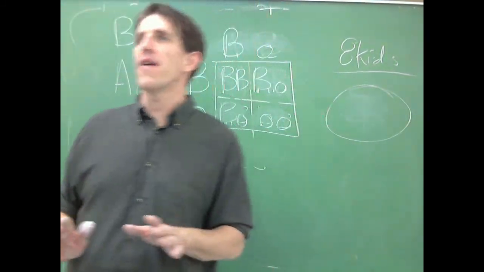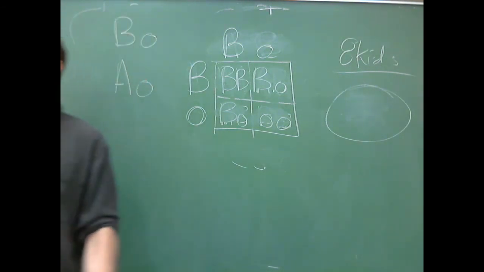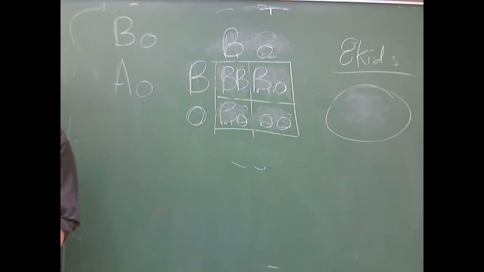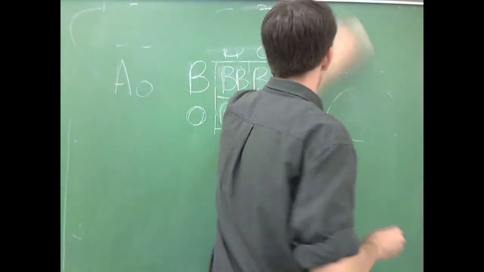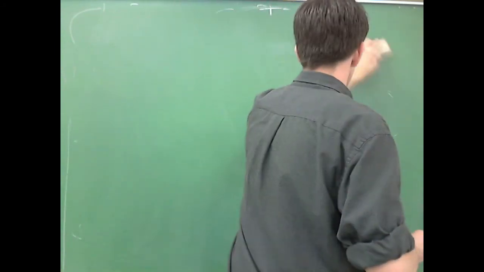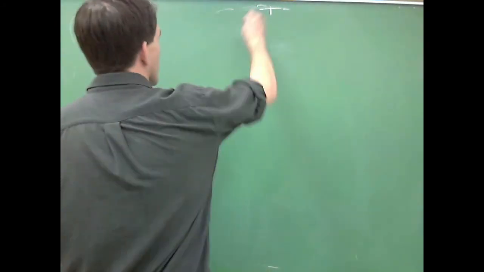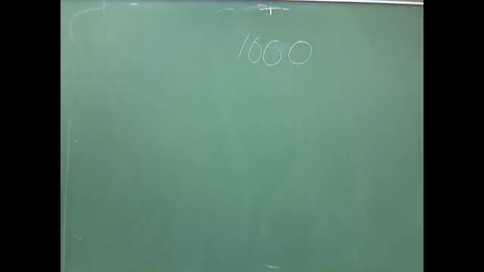For the test, what you have to be able to do is if I give you some numbers, you should be able to backtrack from numbers to develop a ratio. Okay. Well, let's do an example here. Let's say you have 1,000 plants, right?